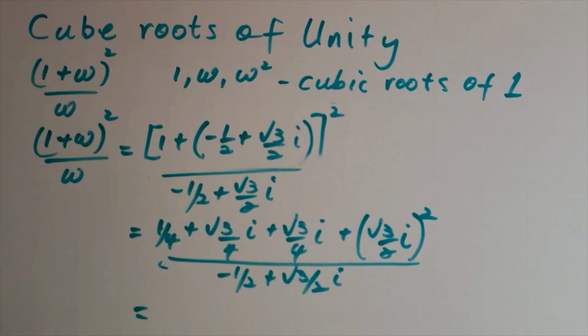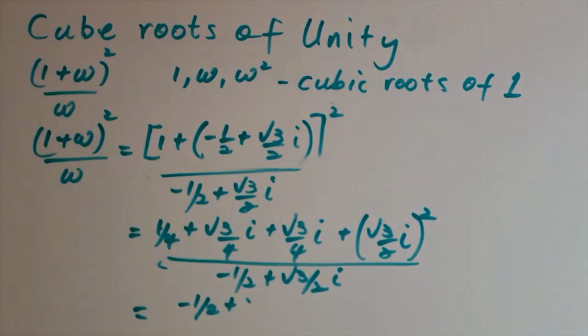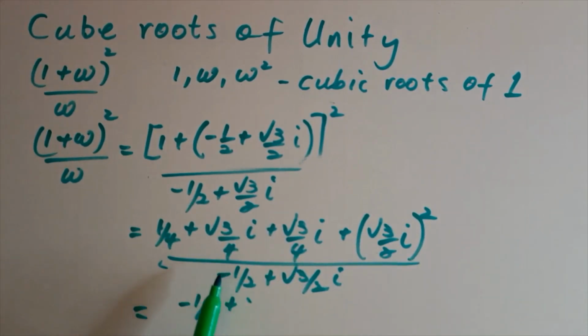And that cancels with a quarter to give us minus a half in the numerator. And when we add root 3 over 4i times root 3 over 4i, we have 2 sets of it, and so this is root 3 over 4i multiplied by 2, which gives us root 3 over 2i.